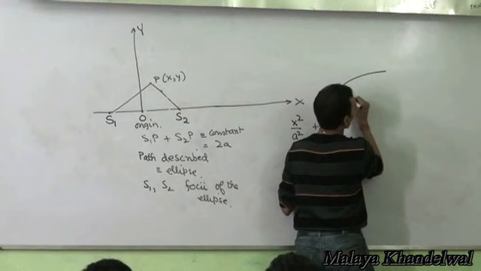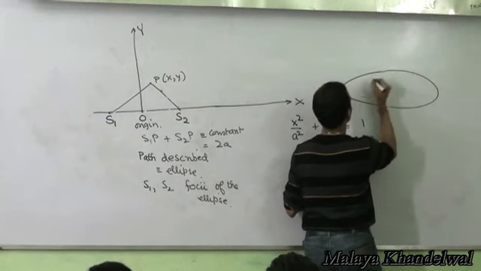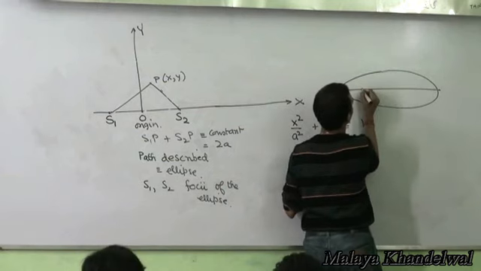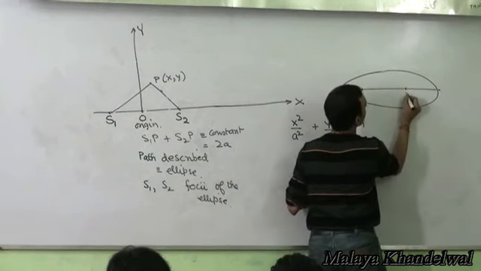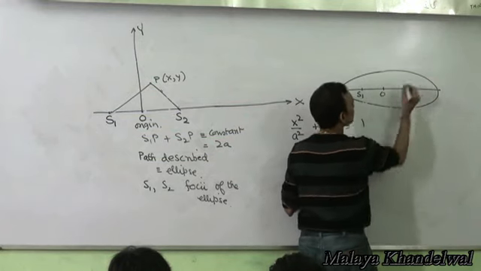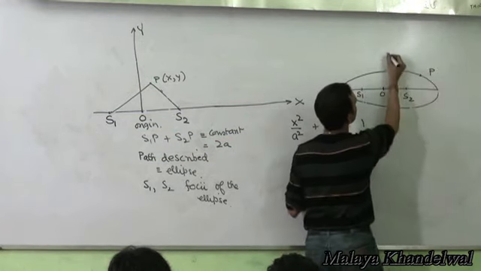This path is a closed path, we can show. This is an ellipse that it describes. This is S1, this is S2, this is the origin O. P lies anywhere along this.